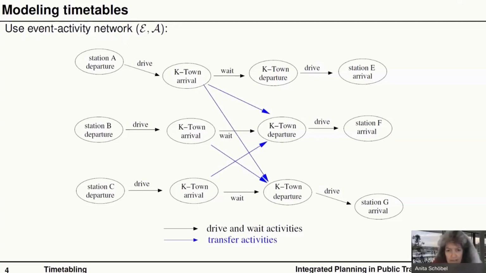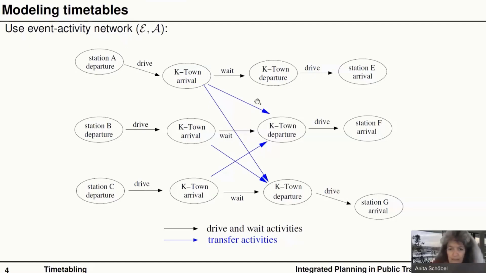But the lines are connected, and they are connected by so-called transfer activities, because it could happen that at K-Town somebody wants to get out of the top line and board another line, so they have a transfer. So if you come from station A and you want to go to station F, then you should transfer at K-Town.